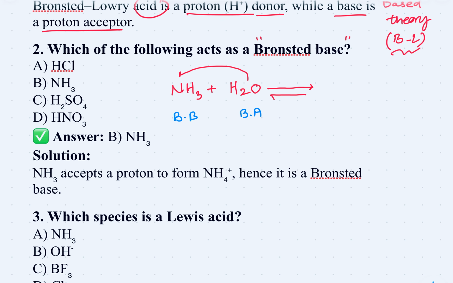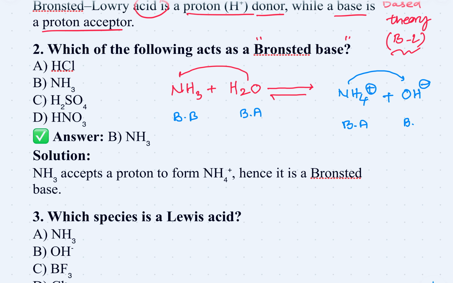What happened after this? Here NH4 plus is formed and OH minus is formed. Clear, friends? Therefore, this is again ready to donate a proton, so it is called a Bronsted acid.